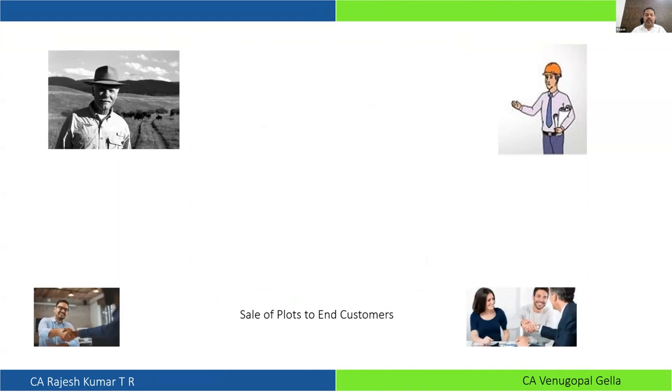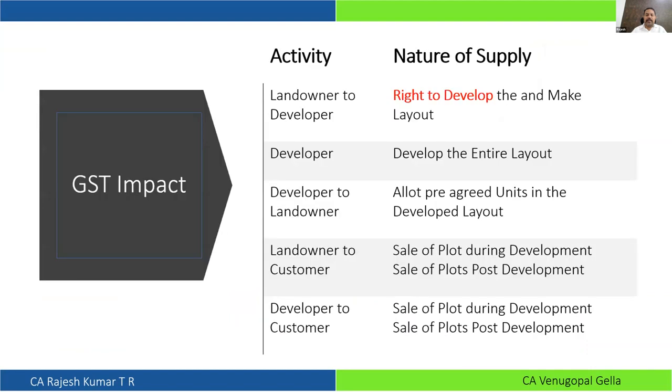Then, after having got their respective shares, the landowner is going to sell his portion of the sites. Similarly, the developer is also going to sell his portion of sites to the end customer.